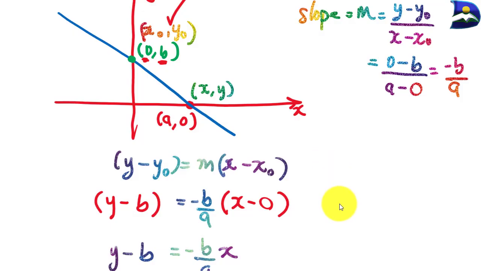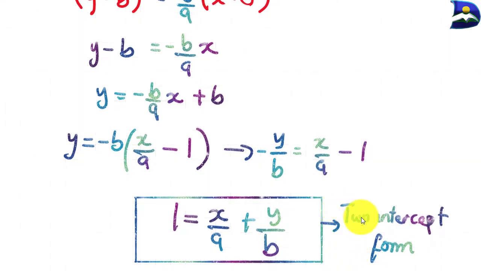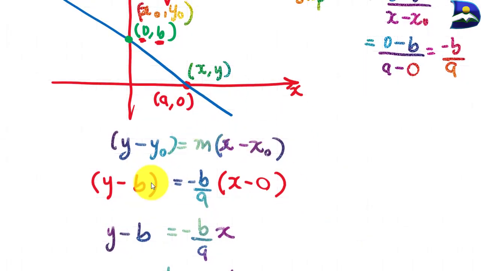And so this is pretty cool to see how this is addressed using the two intercept form from our specific graph, which is shown right here.